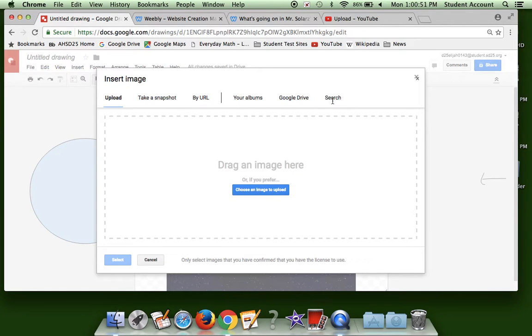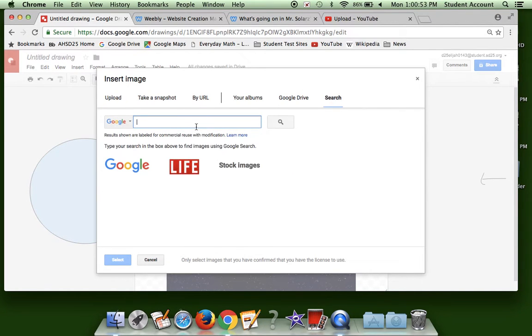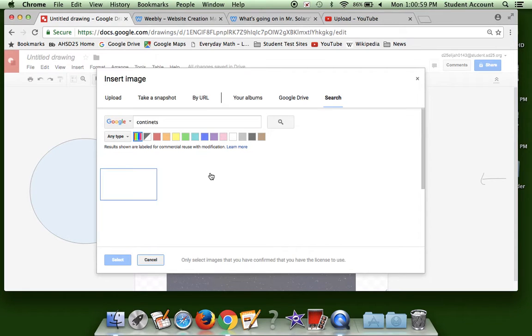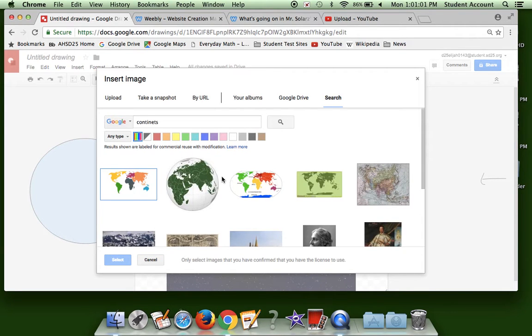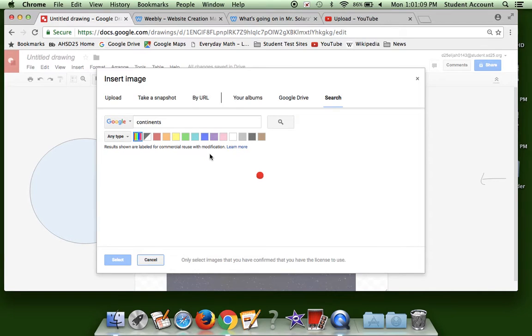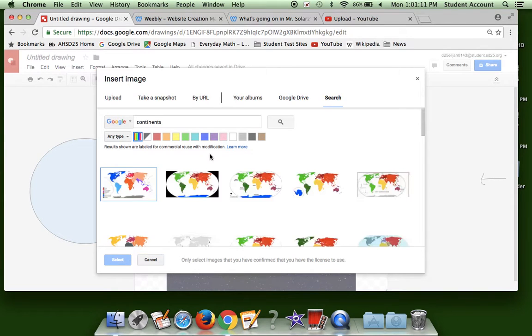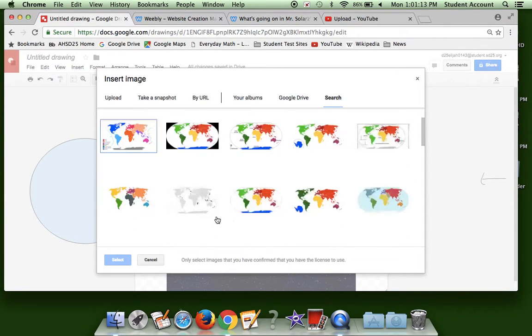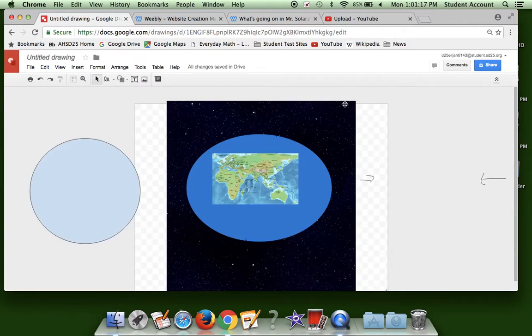I'll show you a picture of a continent. I accidentally did continents. And you'd see that they're not perfectly flat.